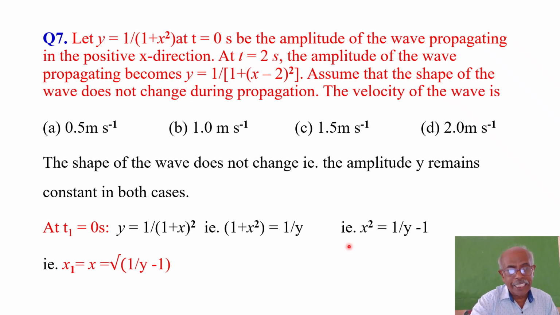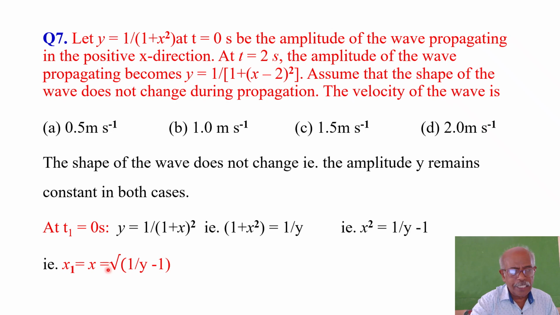It means x square is equal to 1 by y minus 1, because when this 1 goes to the other side, it becomes minus. So this is the position of the wave at t equal to 0. You call this position x1. If this is x square, then what is x? Square root of 1 by y minus 1. So x1 is equal to square root of 1 by y minus 1.